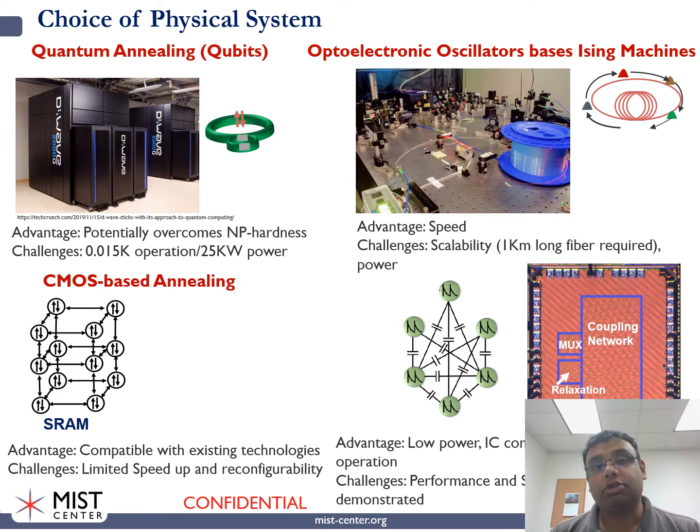Other approaches include optoelectronic oscillators, so building oscillators in the optical domain, and then even other approaches such as CMOS-based annealing, which is trying to create a virtual energy minimization function in memory, for example. In this case, it was SRAM.